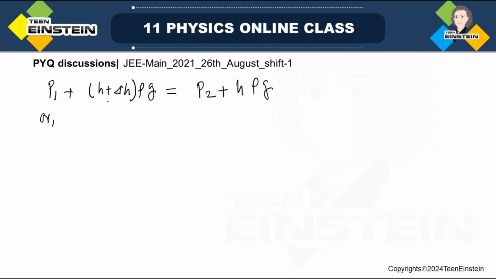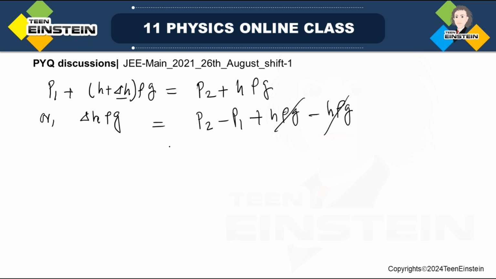Now I have to find out delta H, so I'll keep this delta H rho G. See here, P2 minus P1, and H rho G minus H rho G will cancel each other, right?